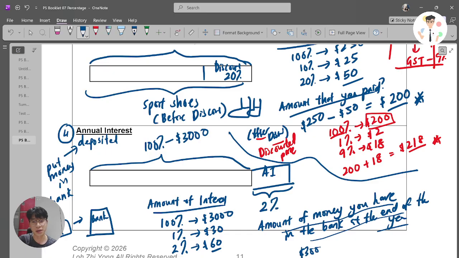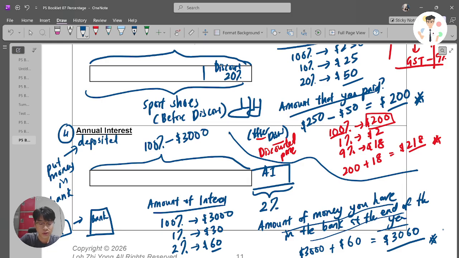You have 3,000, right? And because of the interest, they give you $60, right? So at the end of the year, how much do you have in the bank? You have $3,060. That is basically the kind of question that you'll be seeing for now.